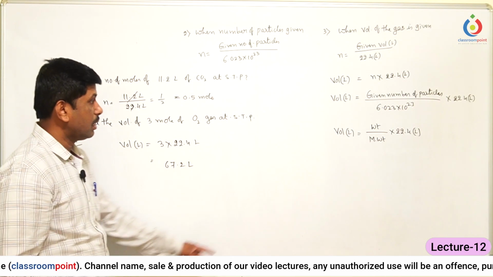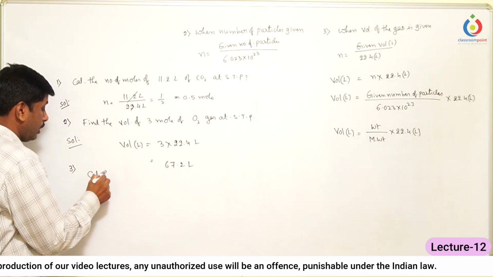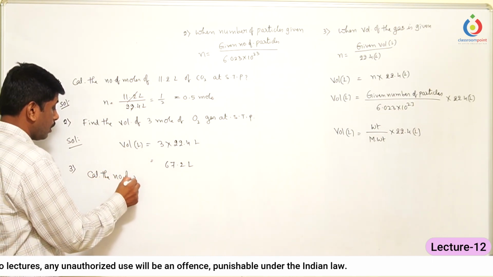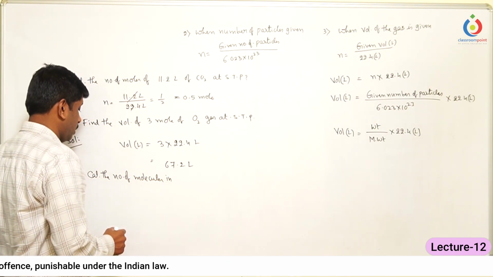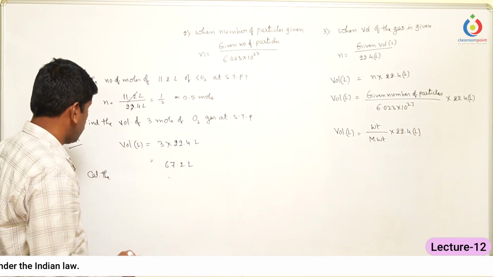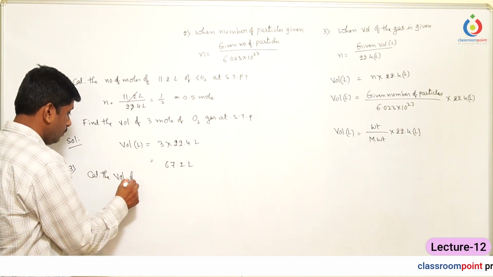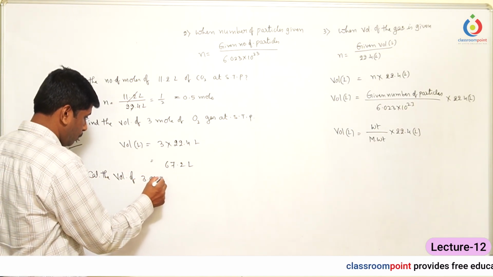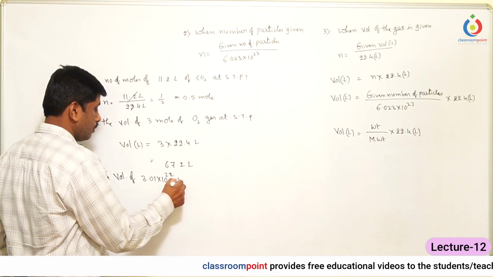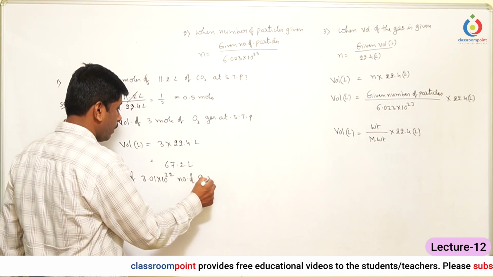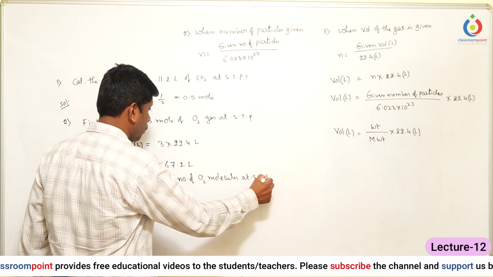Third one, calculation of the volume when number of particles are given. Calculate the number of molecules. Sorry, they ask the volume, we have to calculate. Calculate the volume of 3.01 into 10 power 22 O2 molecules at STP.